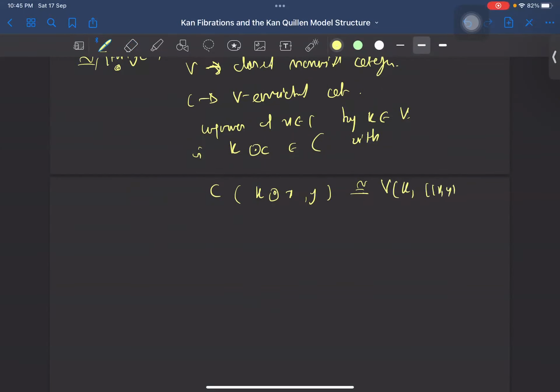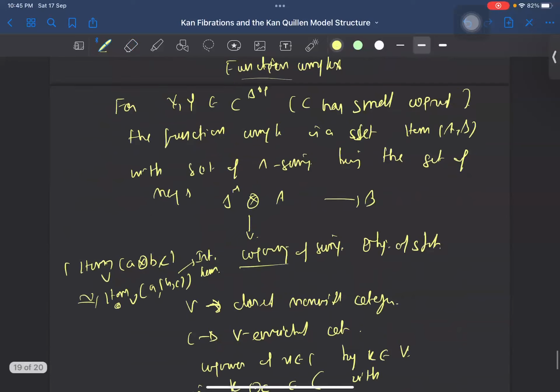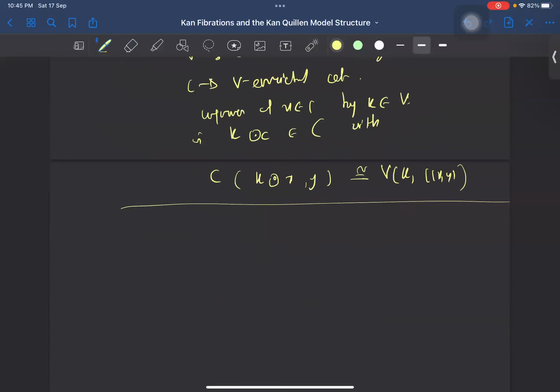So this is what I mean by co-powering over simplicial sets. So this is what we mean by function complexes.